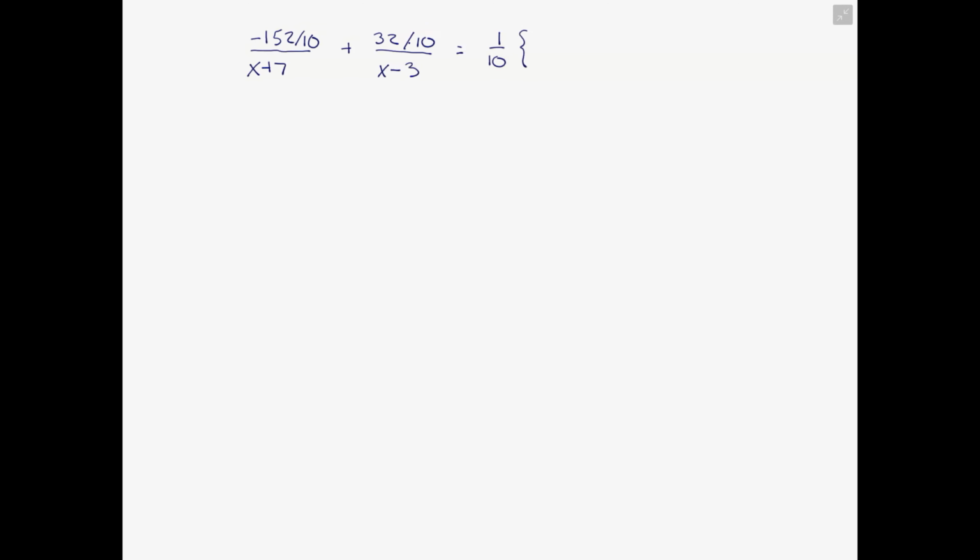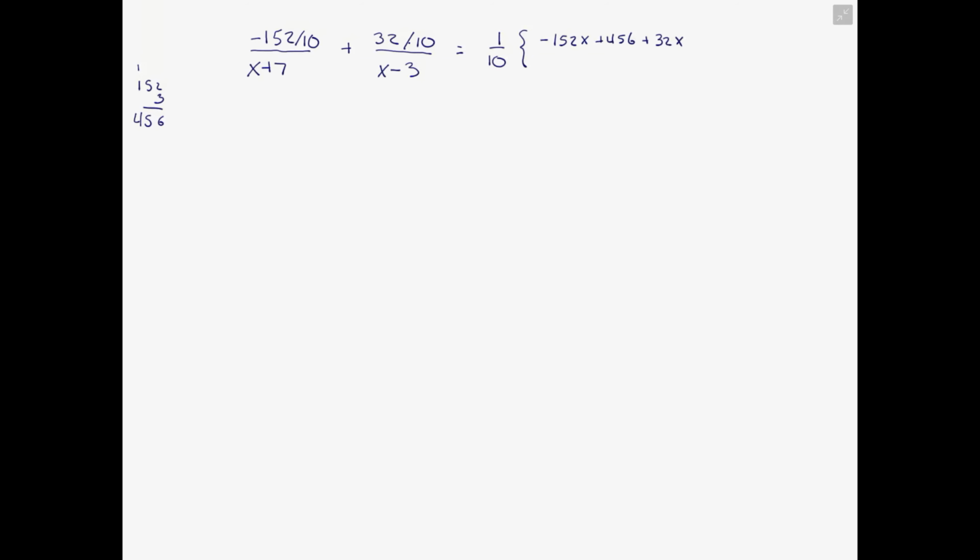That is equal to 1/10 times, now we have to multiply here. We have minus 152x, and 152 times 3 is 456.